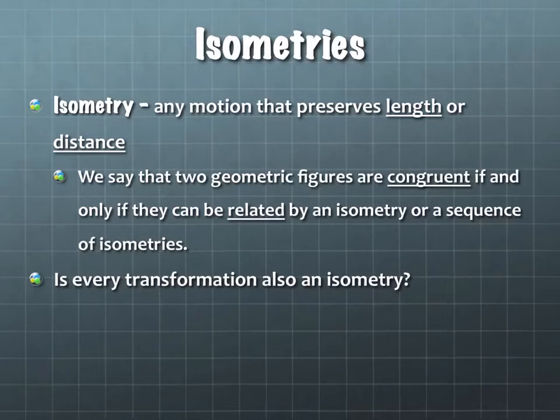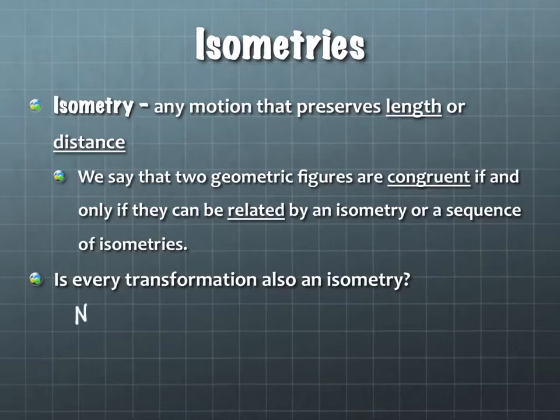But isn't every transformation an isometry? And the answer is no. We could manipulate a shape so as to not preserve distance, and we can consider that like similar shapes. Let me write that down.